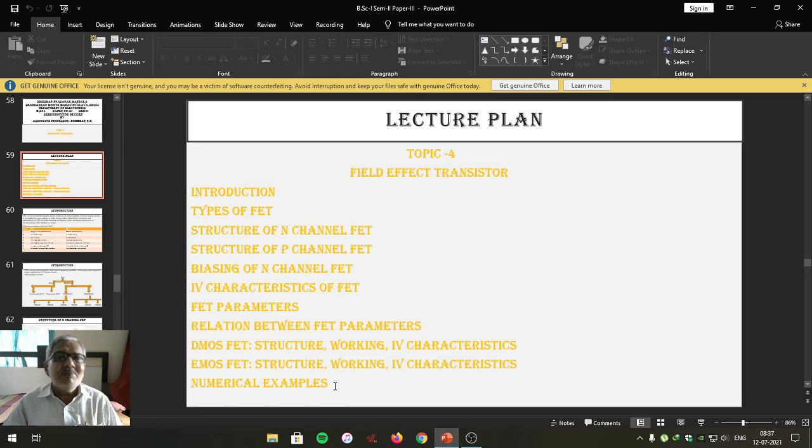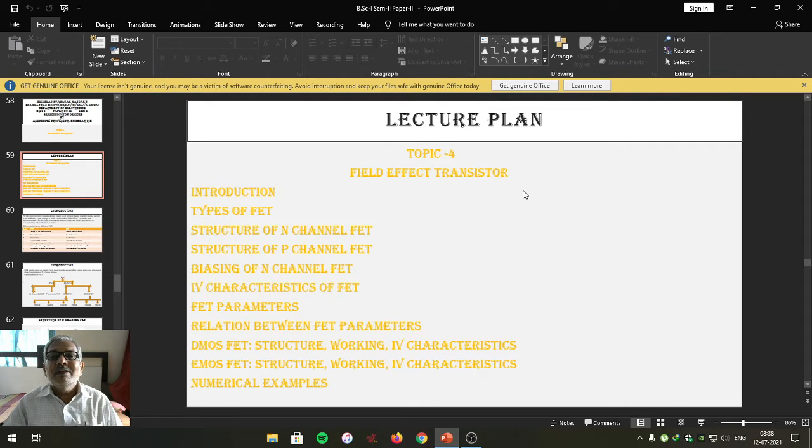Friends, again try to remember, in your syllabus two topics are there on which numerical examples are going to be asked. One of the topics we already covered, that is the bipolar junction transistor, and the second one is the field effect transistor. That's why here also we are going to study numerical examples at the end of the topic, how those examples are going to be solved, and what formulas are required for solving them.